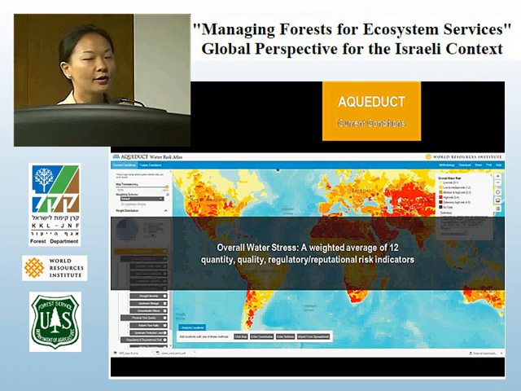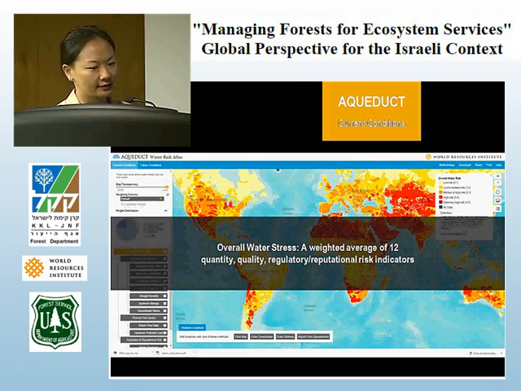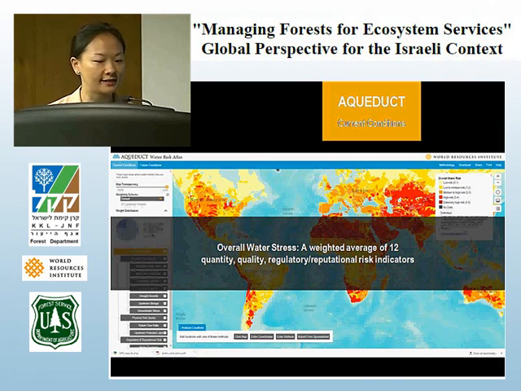The Aqueduct Mapping Tool combines 12 water quality and quantity as well as regulatory risk indicators that allow users to visualize and compare the different water stress that different parts of the world are facing.